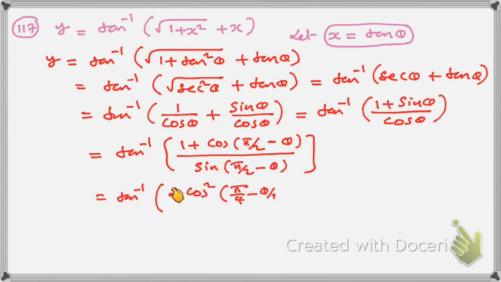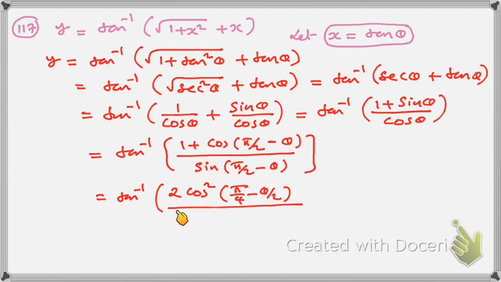So 1 plus cos theta is 2 cos square theta by 2, half of this angle, half of pi by 2 minus theta. Half of pi by 2 is pi by 4, minus half of theta is theta by 2.